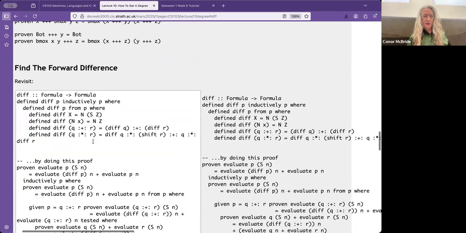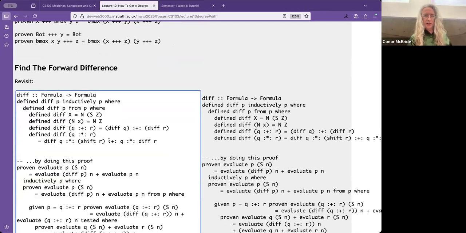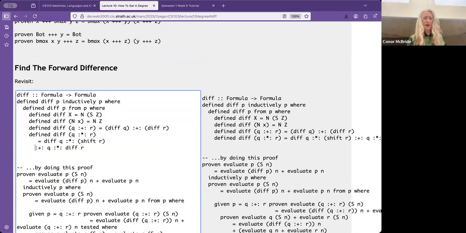Where did I put it? I put it here. Maybe I will just make it a little bit cleaner. So it's very similar to the derivative you learned in high school, except that because we're dealing with a difference, a step size of 1 rather than an infinitesimal step size, this shift is saying we need to make R take a step.